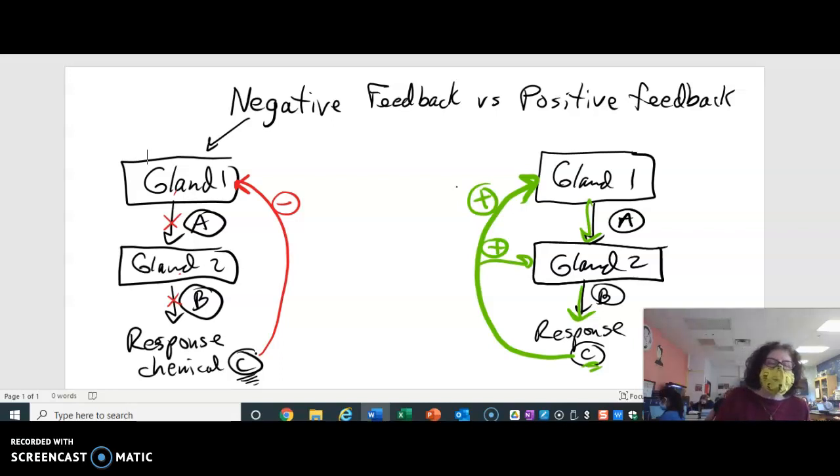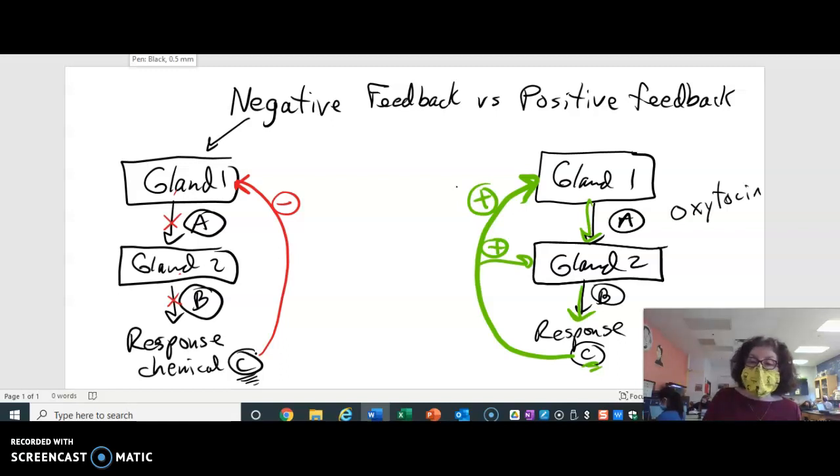The one example that I can think of for this is oxytocin that's secreted when a woman is in labor having a child. Okay? So oxytocin is a hormone that is secreted, I think, by the pituitary, and its response is to increase uterine contractions to get the baby out, right?